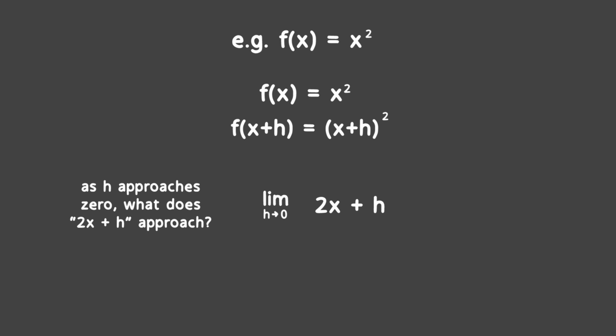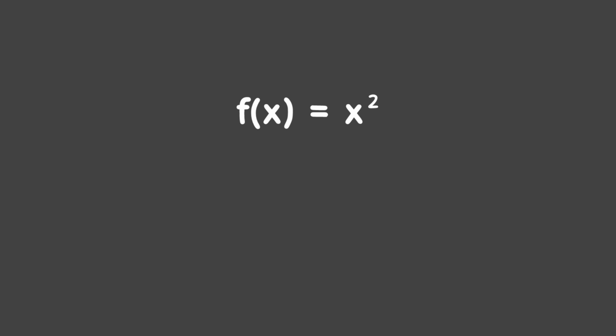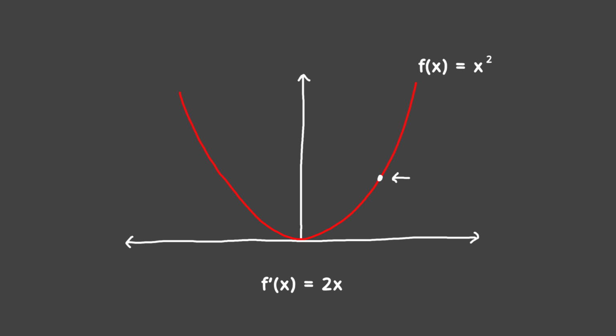Well, it just approaches 2x, right? So we've solved our equation, and this tells us the derivative of x squared is 2x. So if you want to find the gradient at any point in this graph, you just take the x-coordinate, substitute it into 2x, and that's your gradient. So when x equals 3, the gradient is equal to 6, because it's 2 times 3.